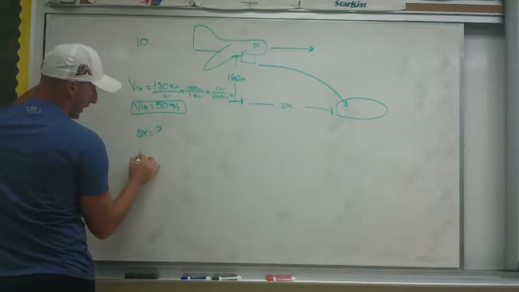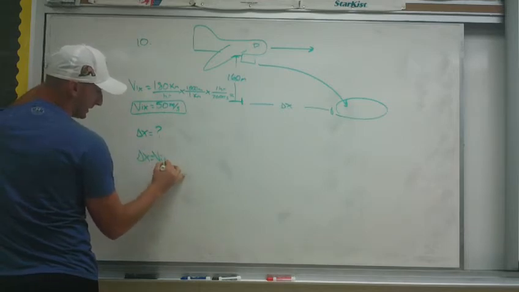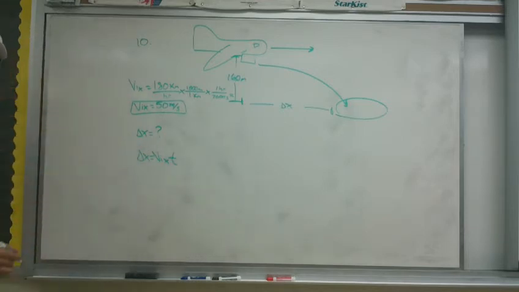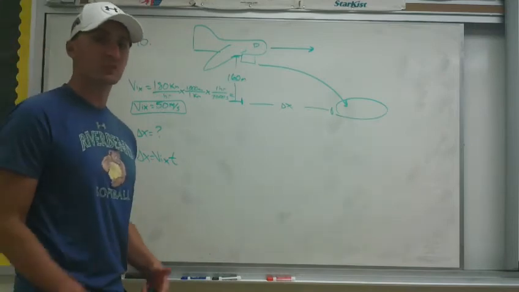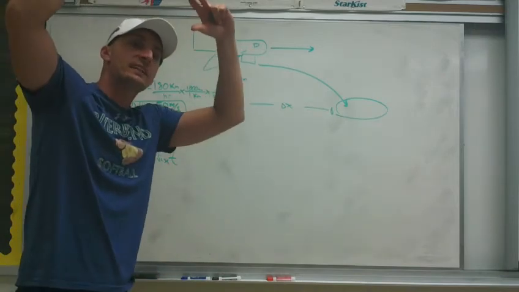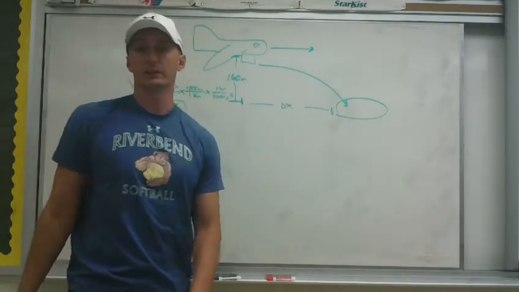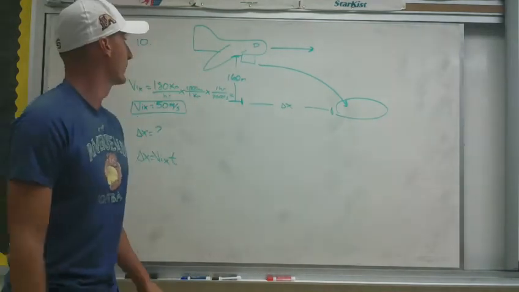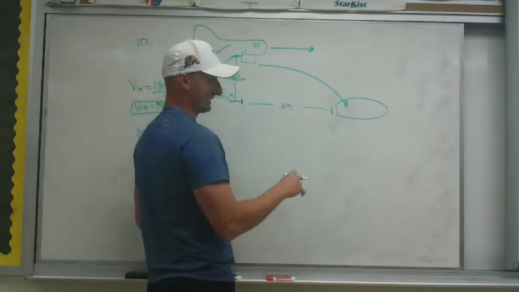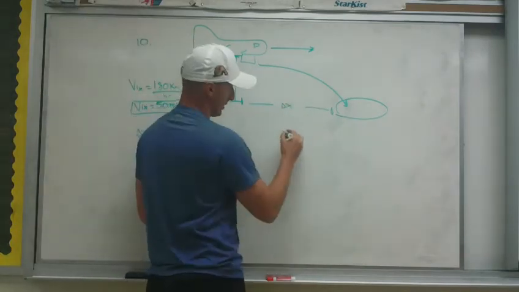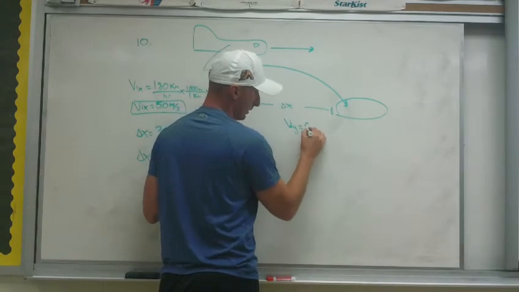I only have this equation, delta x equals Vix t. I have Vix, I don't have t. So I have to use the y variables to figure out how long it's actually going to take the package to fall, and then I can figure out how far it's going to travel in that time. Since it's traveling horizontally, I know Viy is 0.